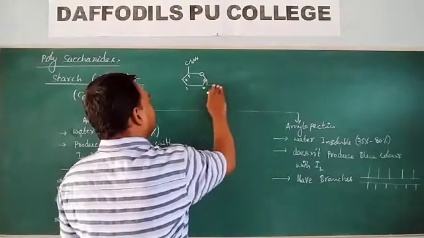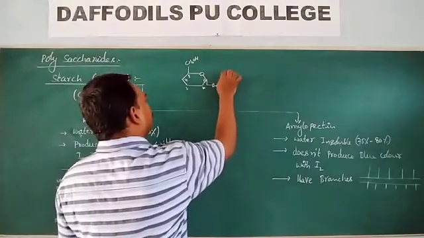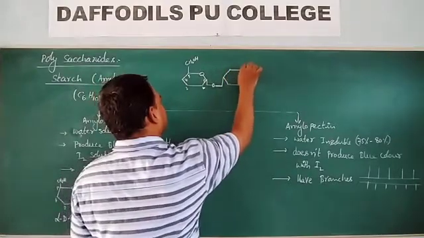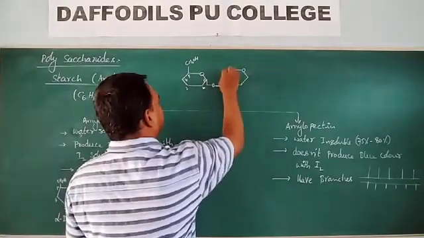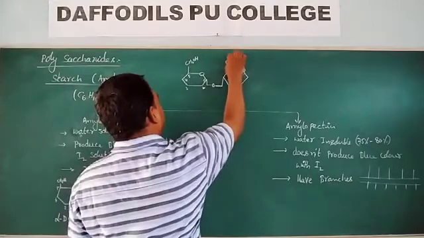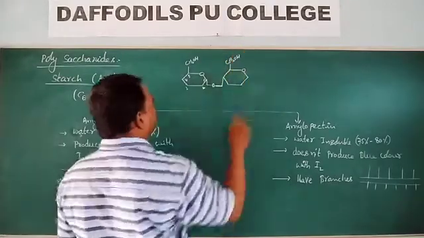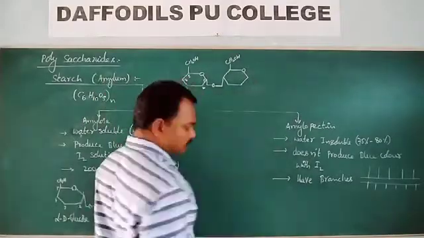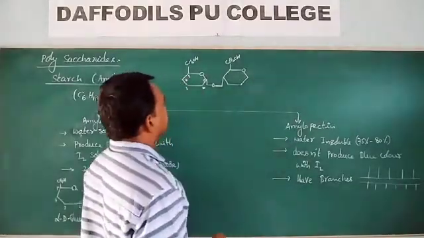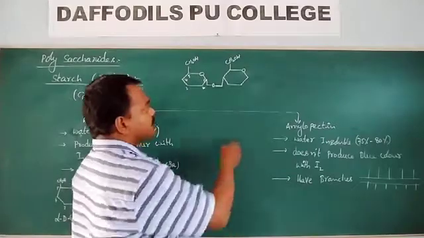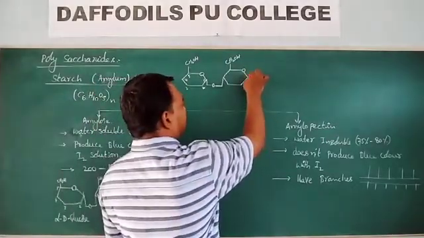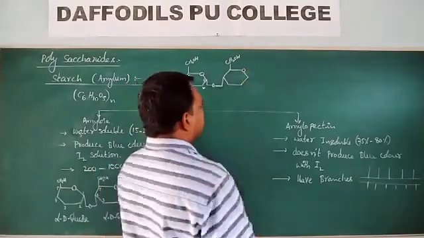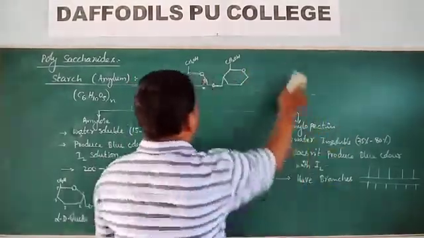This first carbon is going to be bonded with the fourth carbon of another glucose unit, like this.